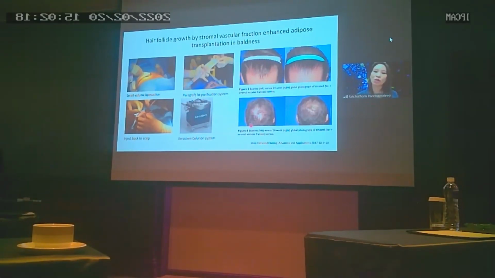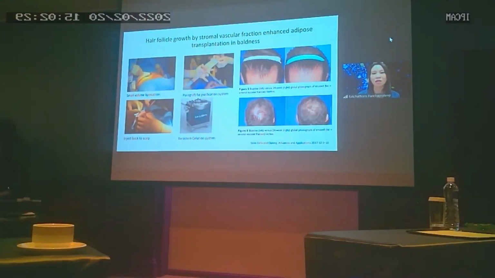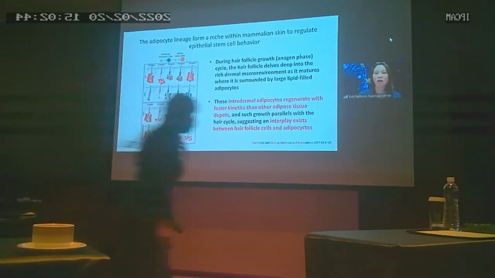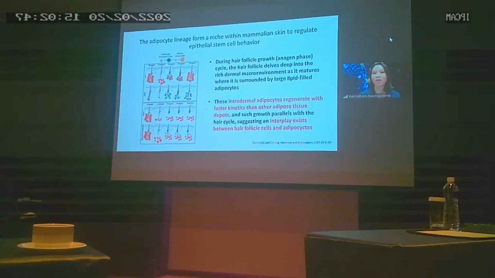There are a lot of studies that show that fat itself can stimulate or regenerate hair. This study was done by doing liposuction and creating pure fat, then injecting it into the scalp, and it showed improvement in androgenetic alopecia. However, an important study in 2017 showed that, of all the fat in your body, the fat inside the scalp has higher regenerative properties than other tissues.